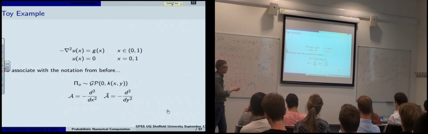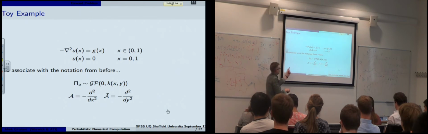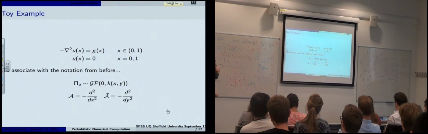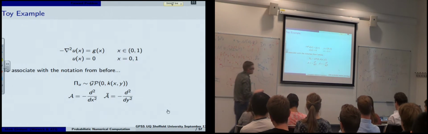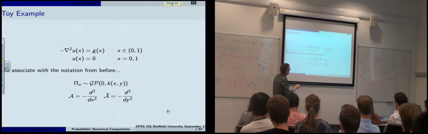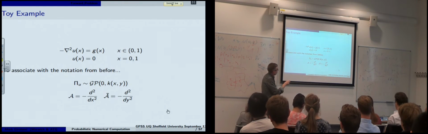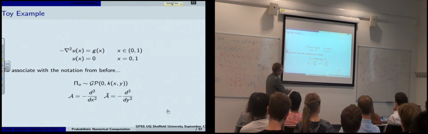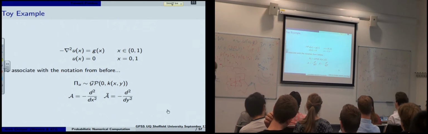Okay, and the boundary values at 0 and 1, u is just equal to 0. So we're going to again place a Gaussian process prior on our unknown u, and the operator now is just going to be the second derivative, and the adjoint is the second derivative with respect to the other ordinate.